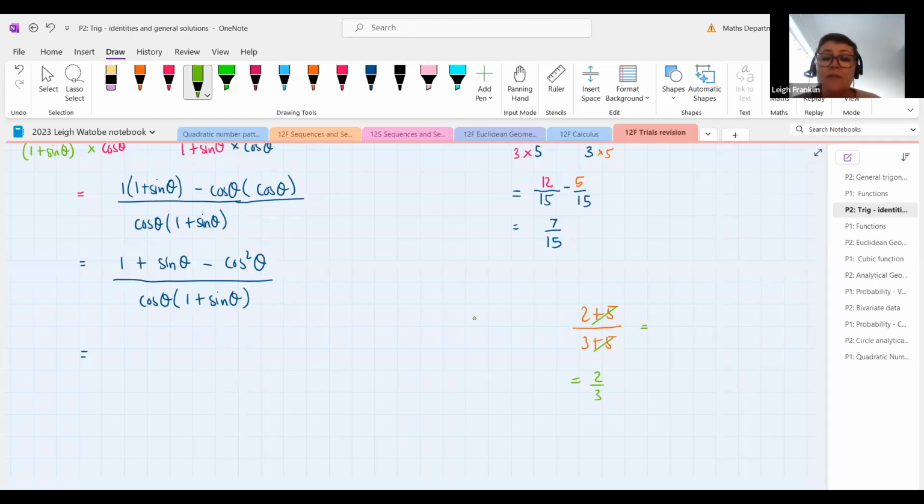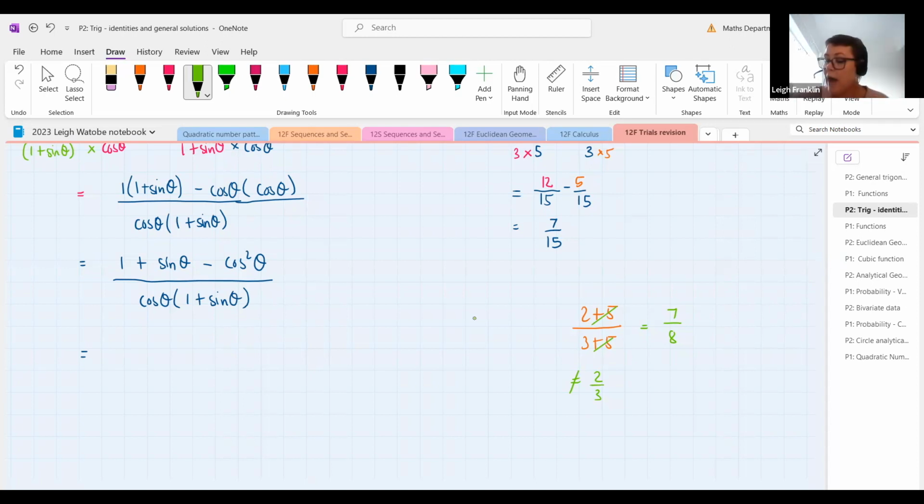If I don't cancel and I work it out a different way, I'm going to end up with 2 plus 5 is 7 over 3 plus 5 is 8. And 7 over 8 and 2 over 3 are not equivalent fractions. Okay, so we are not allowed to cancel terms. You can only cancel factors. And that's why we have to factorize.